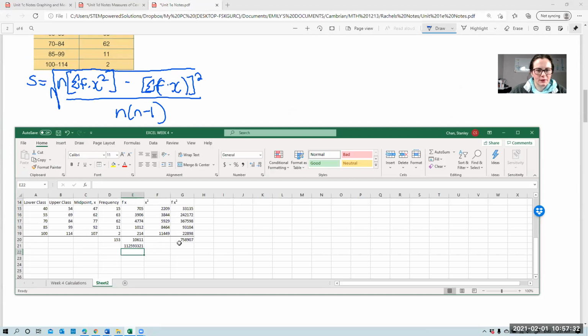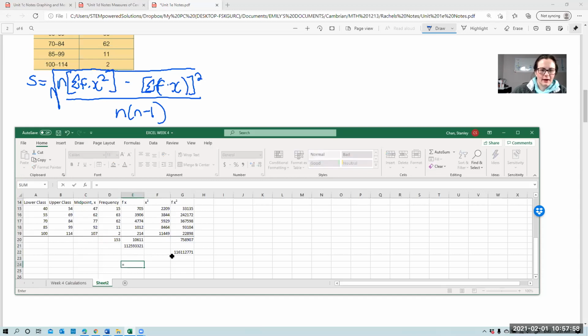f.x squared is this value. So I'm going to take this value, which is the one that I squared, and take this value and multiply it by n, which is 153. Now I'm going to subtract these two values.